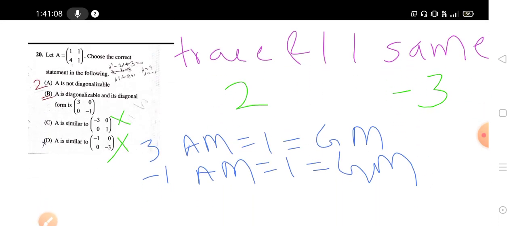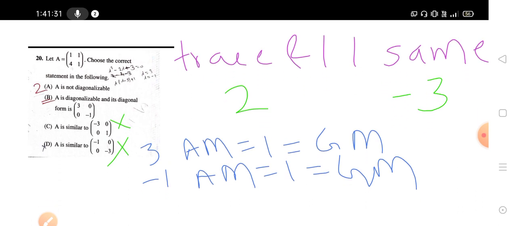Let A equal to 1 1 4 1. Choose the correct statement in the following. Here given matrix A 1 1 4 1, and what is diagonalizable? Here find AM and GM of that eigenvalue.